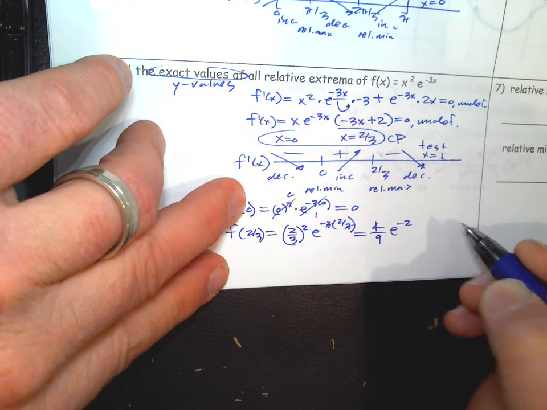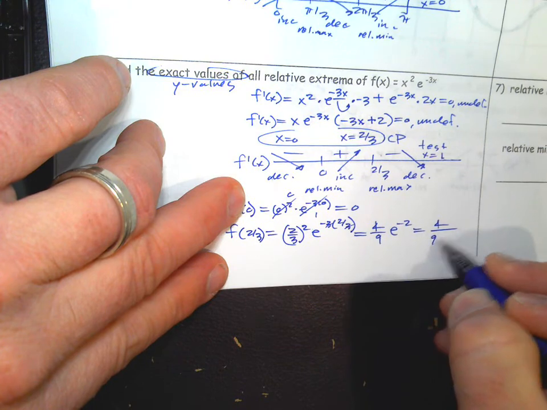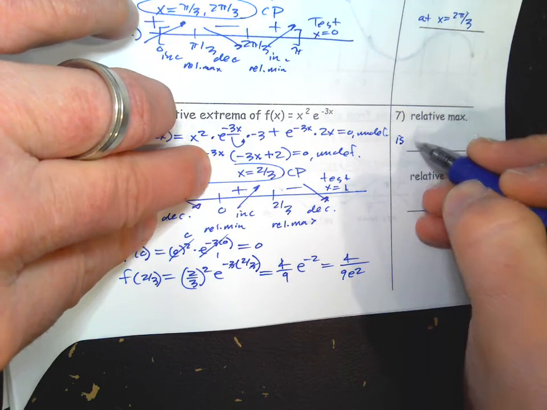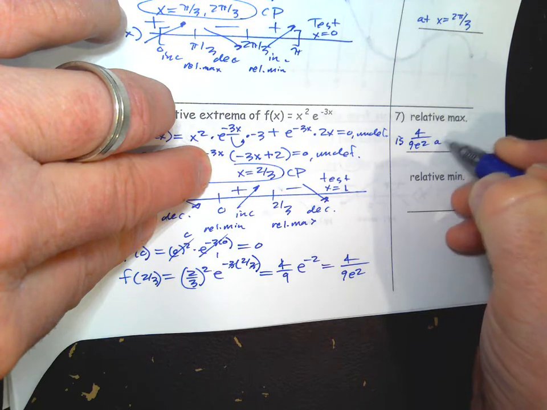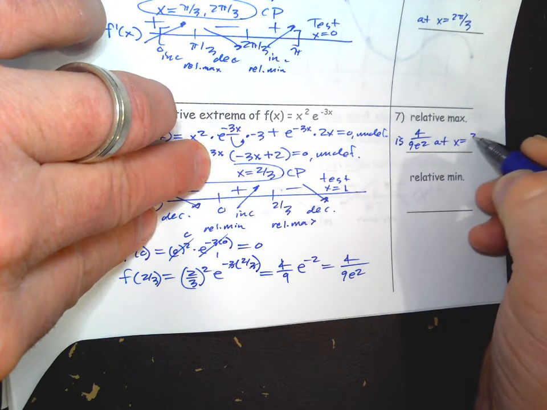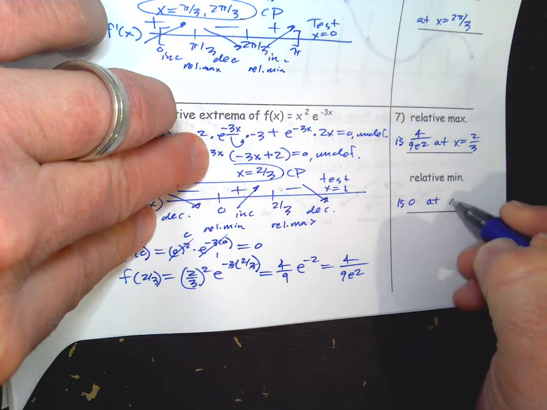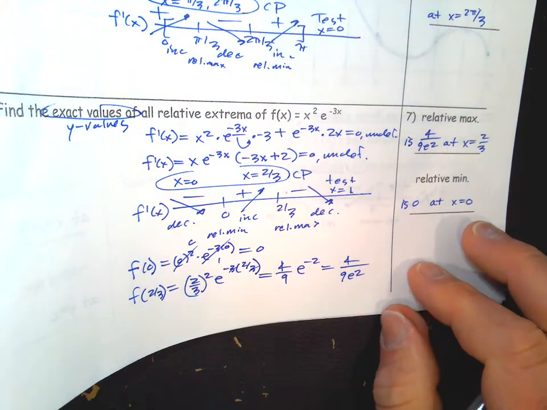I don't want negative exponents in my final answer, so we're going to say 4/9e squared. So the relative max is 4/9e squared at x equals 2/3. The relative min is 0 at x equals 0. Those are good, thorough answers. So that's how you do it.